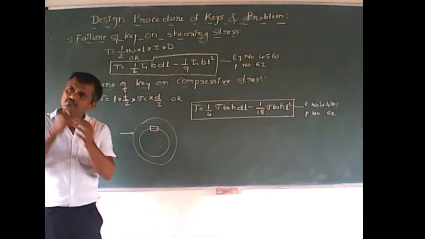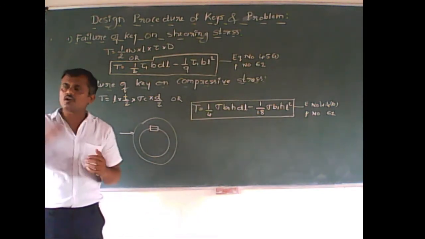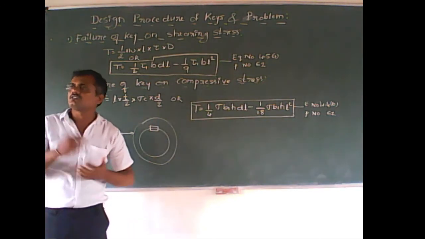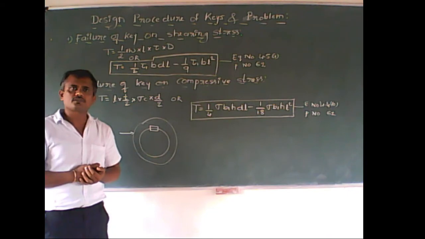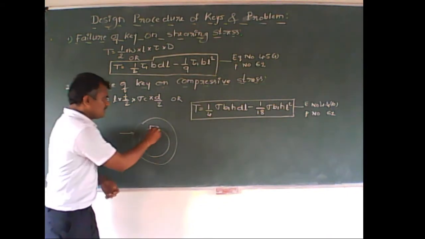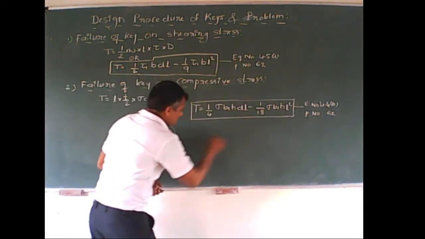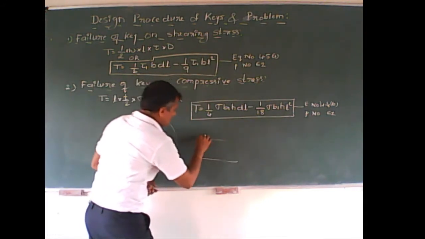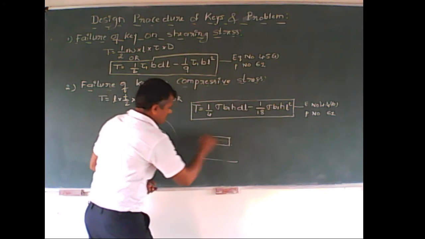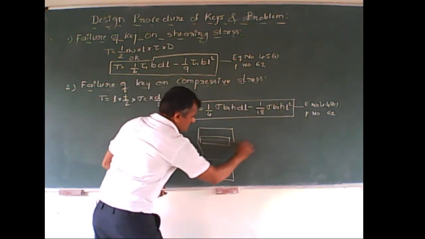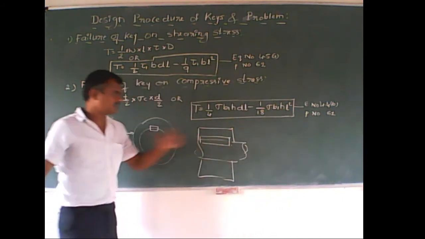To make a very firm contact of this shaft with the muff or the body which holds the shaft. Okay, so if I take this as a key, and suppose I draw the side view, here this key will be coming into picture. Okay, so this is a key.